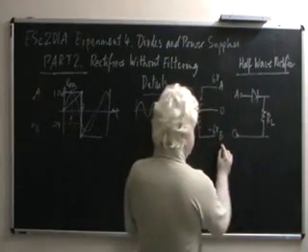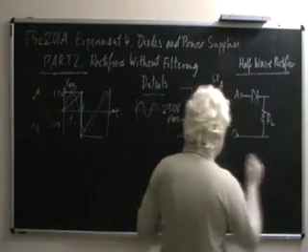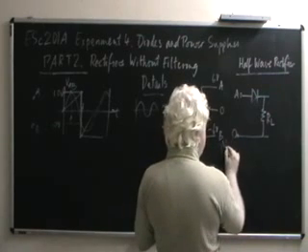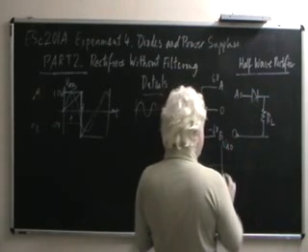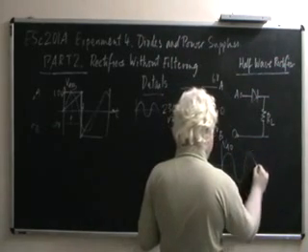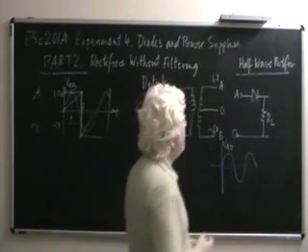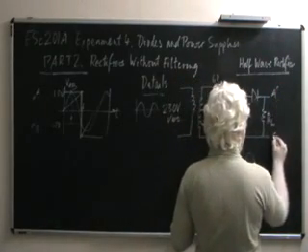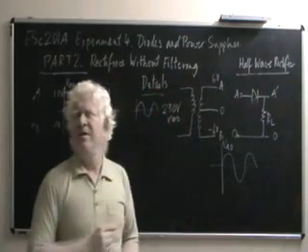So, while the actual voltage VAO will be this, what will appear between VA dash and O will be the following.